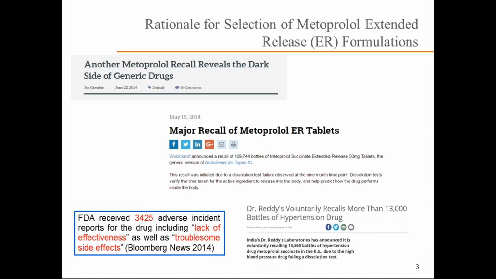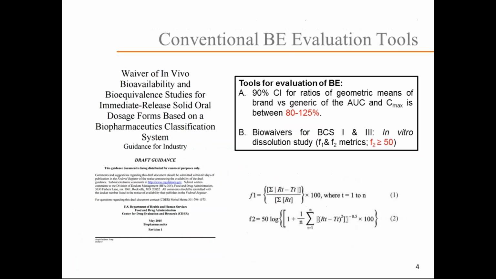Also, different articles and news reports showed that when patients take generic metoprolol, sometimes they experience chest pain. Even generic drug companies sometimes discard generic drug bottles because of dissolution test failure. So I will show what conventional metrics are changing, which is why the dissolution test fails.